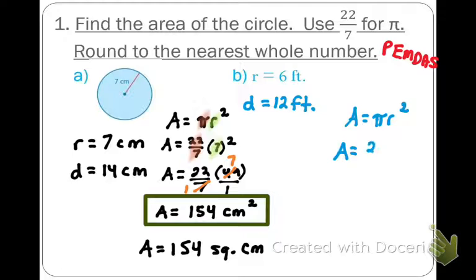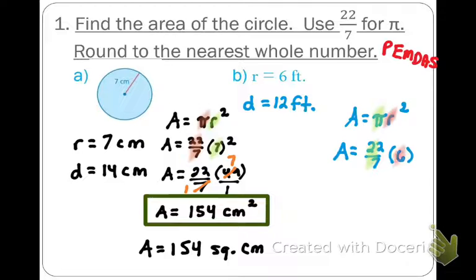Okay, so we're going to plug in 22 over 7 where we see the pi. And then, Regan, what am I going to plug in for the radius? Always go back to the original problem and see what we plug in for the r, or the radius. 6, okay? So we're going to multiply that times 6.